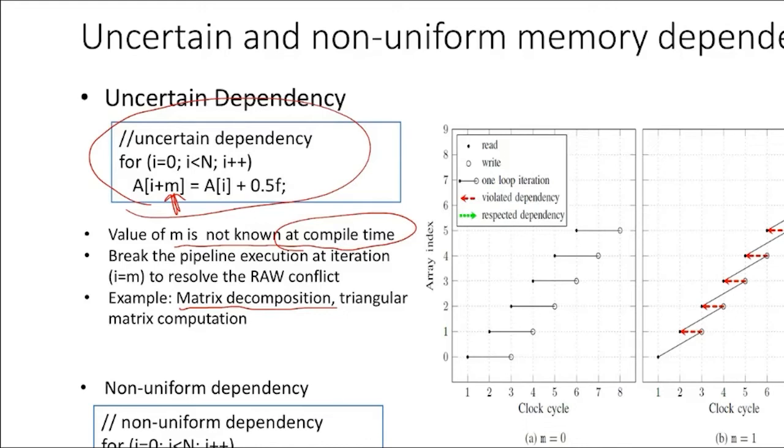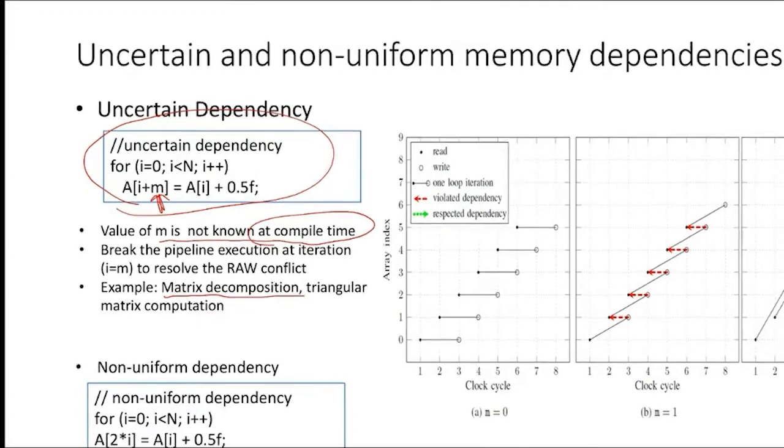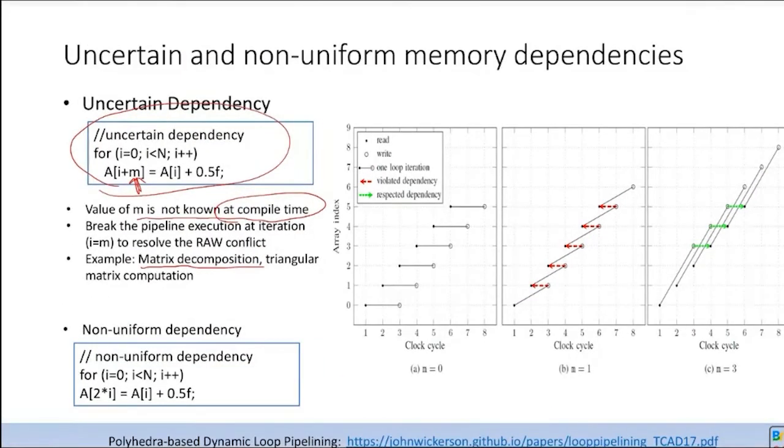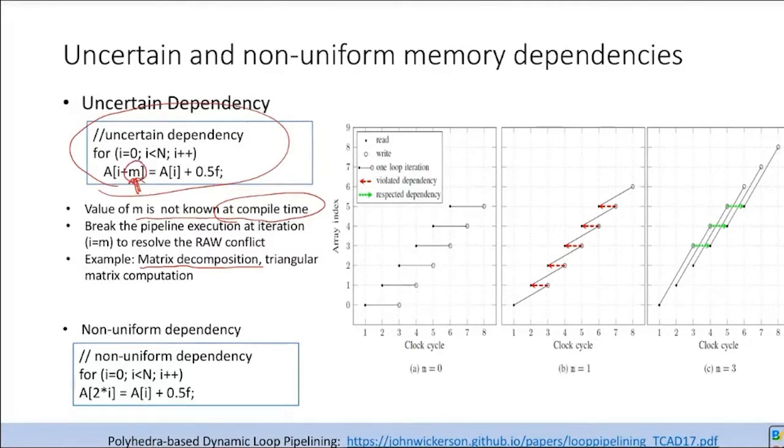Here, we'd like to restructure the code so that even if m is unknown, the HLS compiler can still perform II equals 1 until the real dependency happens. Then you stop the pipeline.